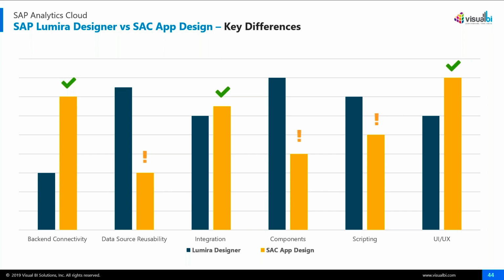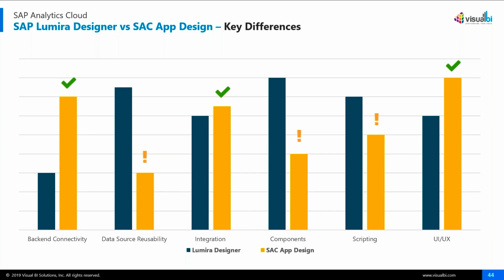And then talking about the components that are available within the tool. What we have in SAP Lumira Designer is pretty much good, but there are a lot of gaps which are filled with the robust custom SDK that we already have in place, right?